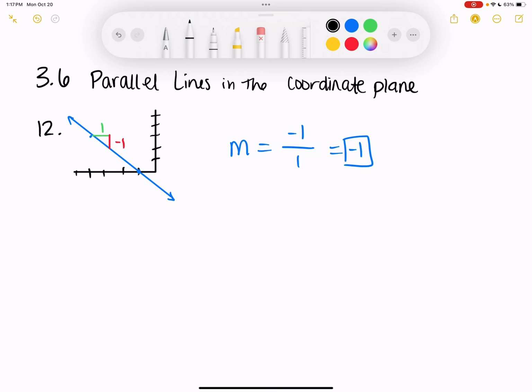14. Again, they have 2 points on a graph, and what they want you to do is find the slope through the 2 labeled points. You don't need to copy the graph. All I need you to do is copy the 2 points down. The points are (-6, 6) and (2, 6).